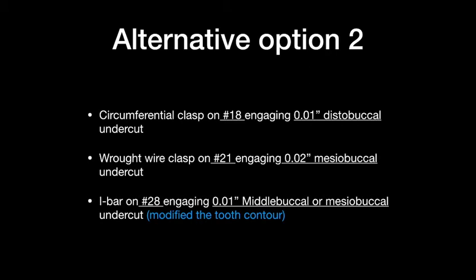So in this alternative option 2, you might think to just get the undercut ideally, following the KISS principle manual, on the left side. And you will find out the 28 will be too lingually tilted. So what you can do is modify the tooth's contour.